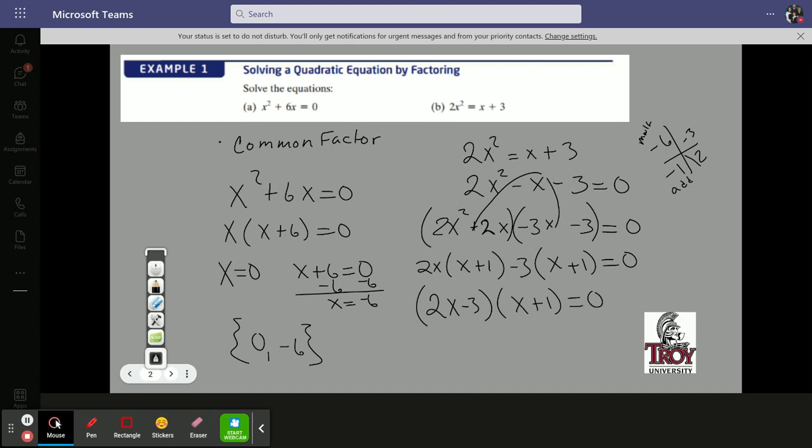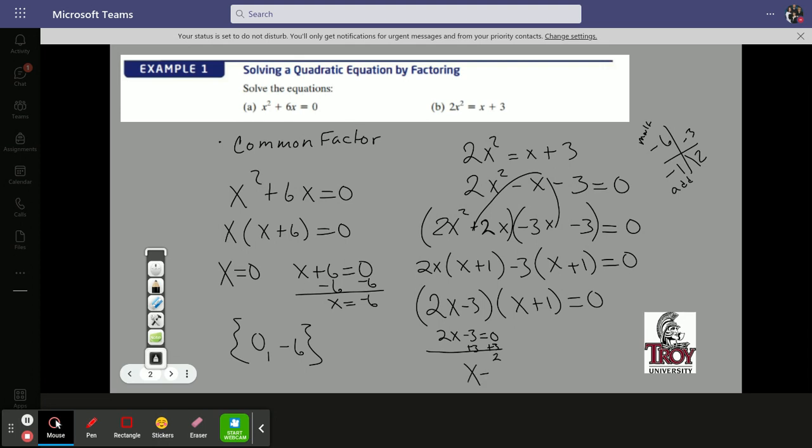equals 0. And we're at our very, very last step. 2x minus 3 equals 0, and x plus 1 equals 0. So if I have 2x minus 3 equals 0, I've got to add 3 and divide by 2.